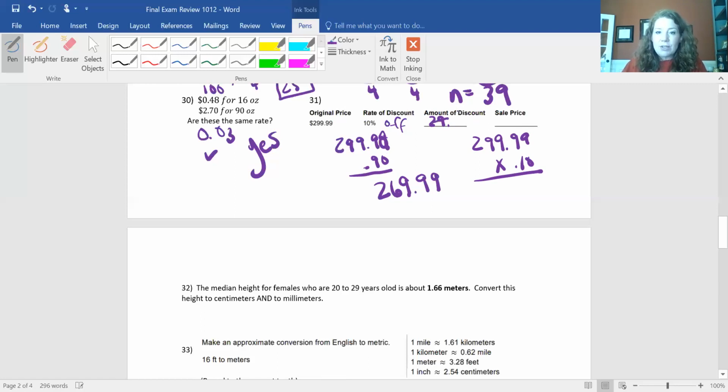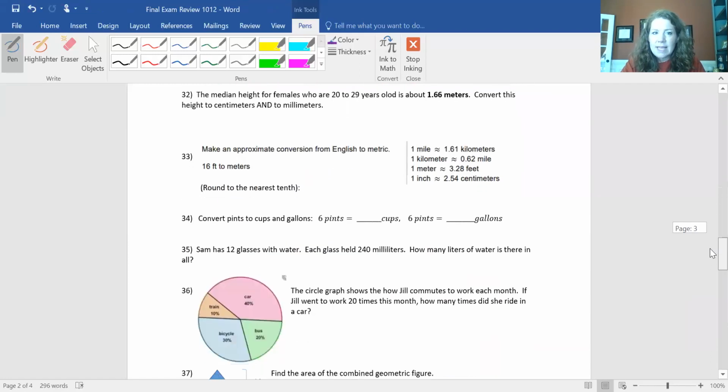So rounding to the nearest penny, my 9s are all going to turn into 10s, carry the 1, carry the 1, carry the 1. So the amount of discount is $30. And then my sale price is going to be $269.99. So $30 off $299 is $269. So I didn't read that carefully enough, but that's the answer.